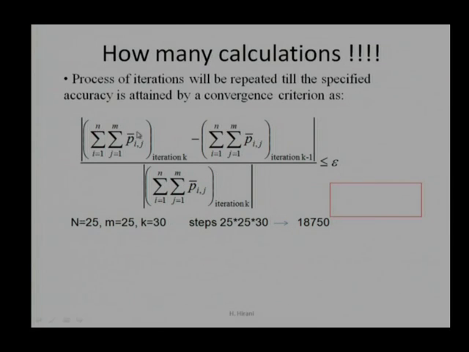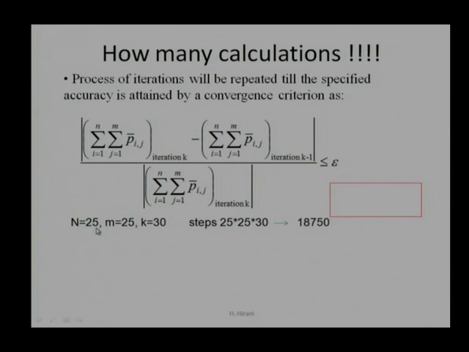It will be subtracted from the previous iteration, and overall it will be the absolute value, since we are not talking about the negative value, divided by the absolute value of the summation at the kth iteration. If this value is getting smaller and smaller, that means saturation is coming closer and closer, and that is indicated with a number epsilon. Epsilon can be 0.01, 0.005, or 0.001, depending on the solution accuracy required.